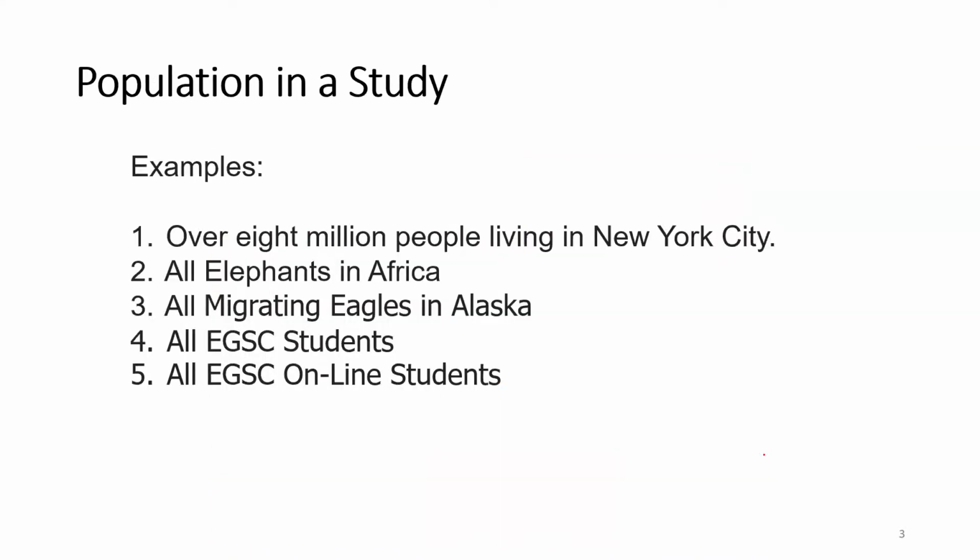Some examples for a population would be, for instance, over 8 million people living in New York City, everybody that's there, all the elephants in Africa, all migrating eagles in Alaska, all EGSC students, and all EGSC online students. And of course, you folks are a member of both of these populations, 4 and 5.